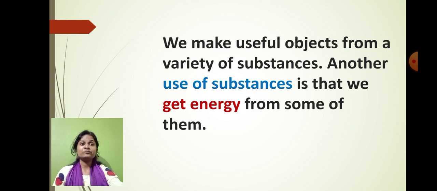Understood? And one more thing, students, let me tell you that we make a lot of useful objects from a variety of substances. As I told you, we make a lot of things by using soil, and a lot of things by using wooden material also, right? Another use of substances is that we get energy from some of them.